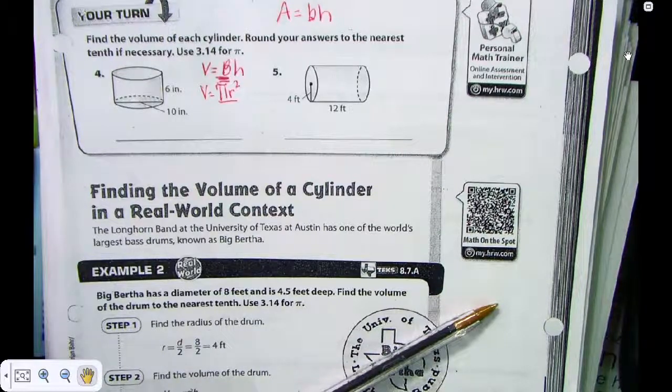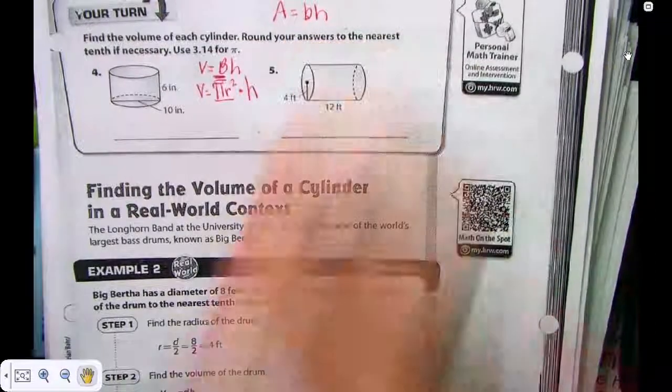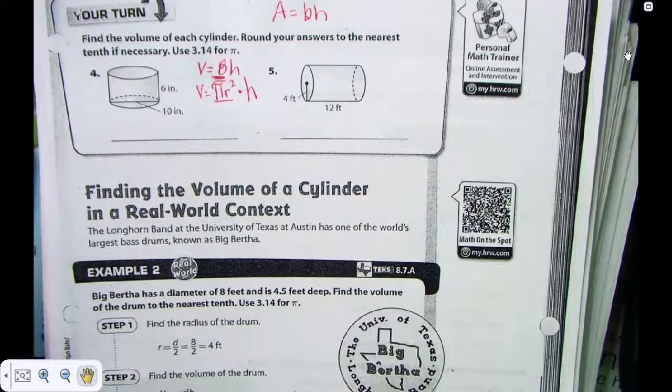Well, we can't do it, but that's how it's measured. And so you would have to cut them off and whatever. Okay? But once we find out how many cubic centimeters will fit on that first layer, then we multiply by the height, and that tells us how many cubic centimeters will fit in the whole cylinder.